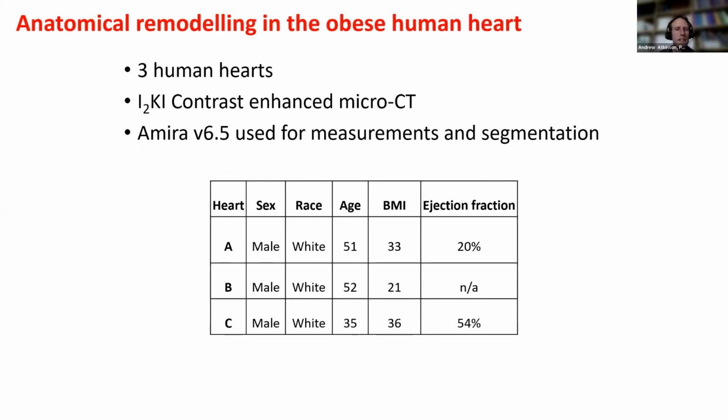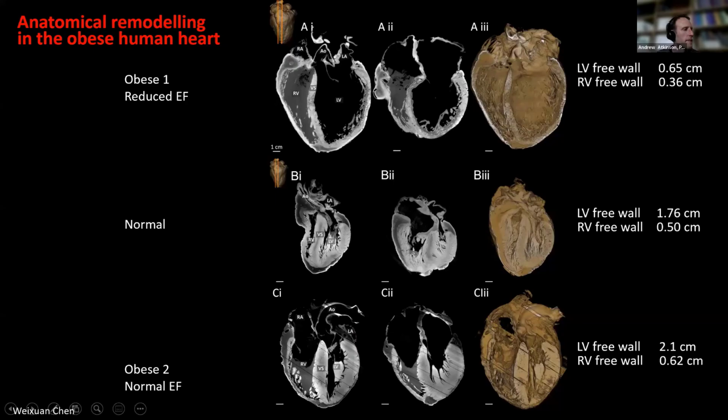And so what we've obtained is the micro CT data sets from 3 hearts. We've got one with no known cardiac defects. Then we've got one with a high BMI and a reduced ejection fraction, and one with a high BMI and a preserved ejection fraction.